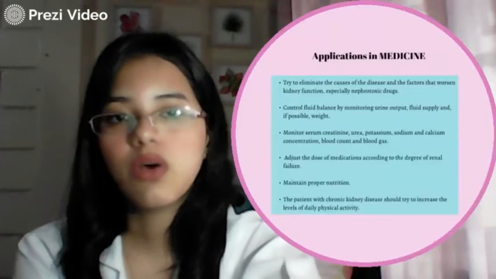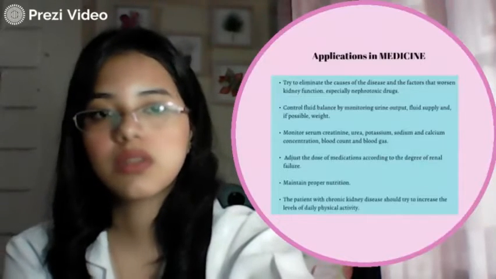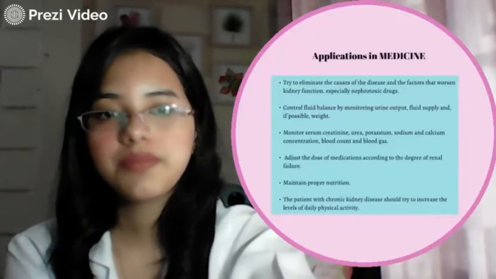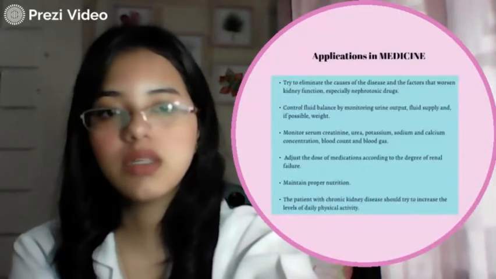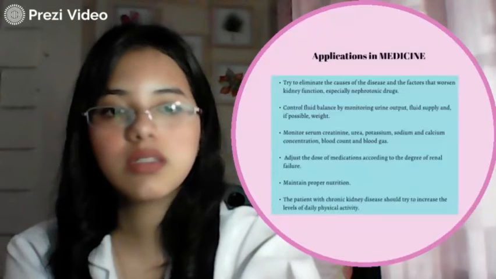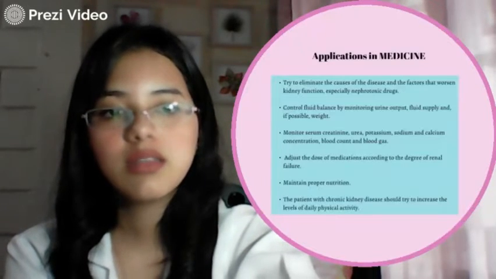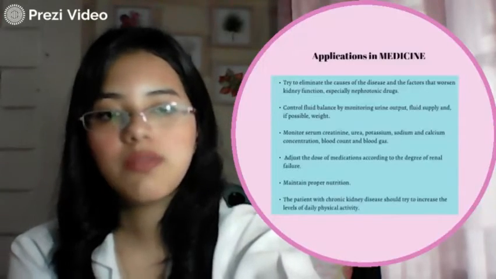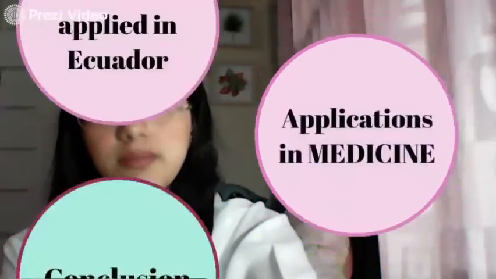Adjust the dose of medication according to the degree of renal failure, maintain proper nutrition, and patients with chronic kidney disease should try to increase the levels of daily physical activity.